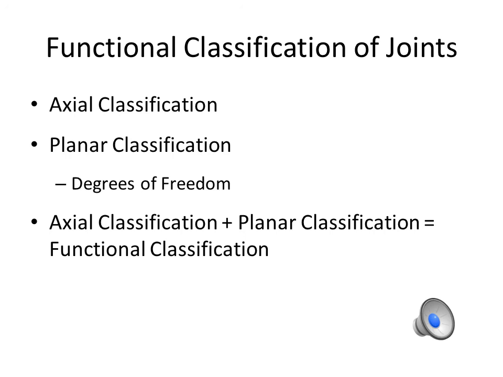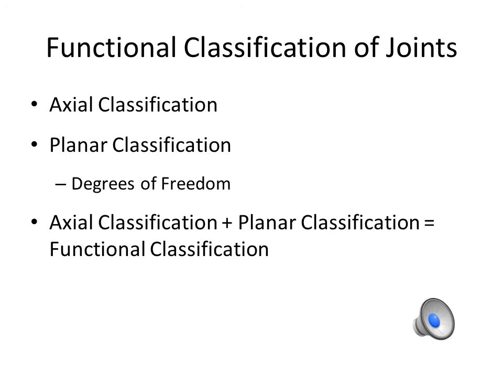So for example, the hip is considered or classified as a multi-axial joint with 3 degrees of movement because it has 3 axes and 3 planes that it moves within. The elbow is described as a uniaxial joint with 1 degree of movement because it moves around one axis in one plane.